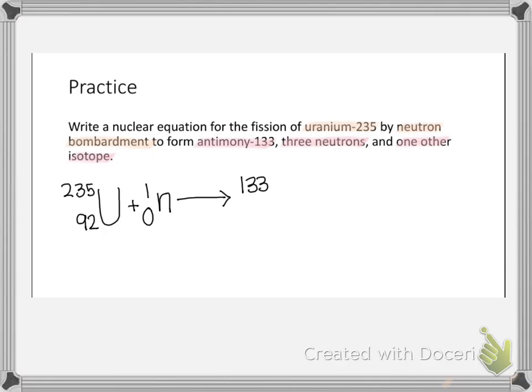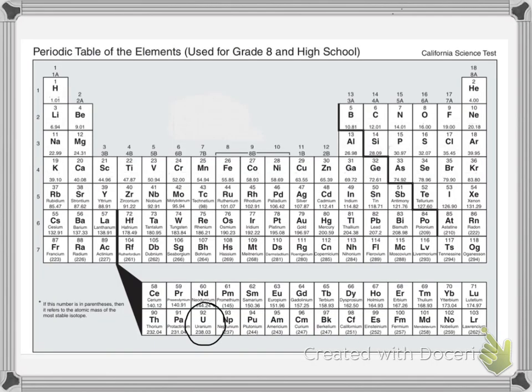Antimony may be another one that you don't know the symbol for, but it's right here, number 51. It could be a little bit of trickery if you were looking for it the first time, because its symbol, Sb, doesn't look like its name. But it's Sb and it's number 51.